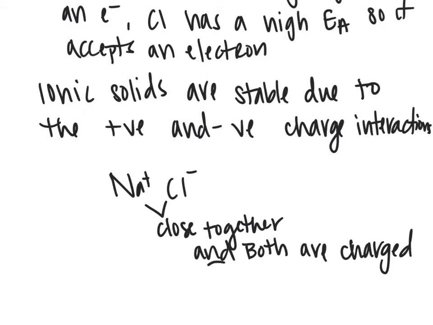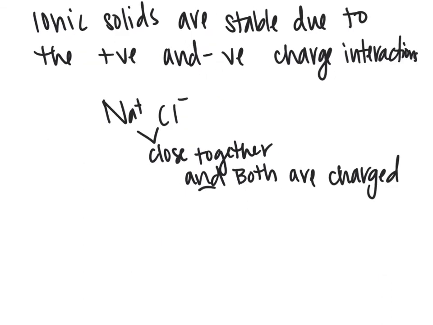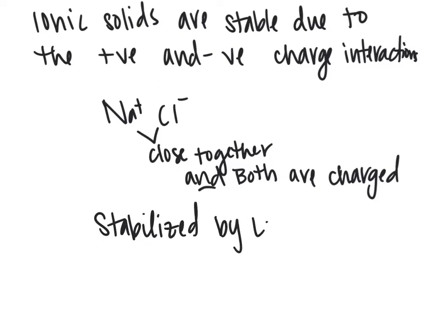These are stabilized by something called lattice energy. Lattice energy is the ability for the ions to stabilize one another. If we were to imagine a sodium plus and a chlorine minus in an interacting pattern, we'd draw these as circles, but that's going to look terrible.